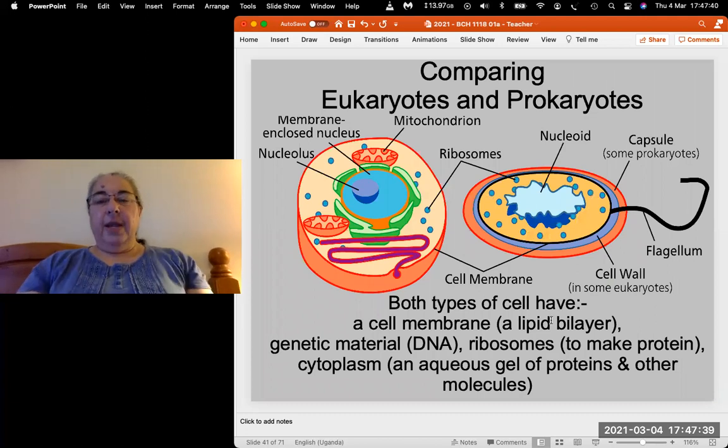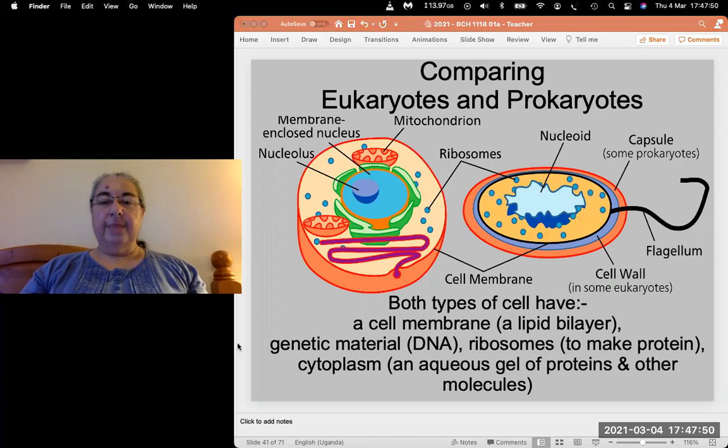Okay, so if we compare eukaryotes and prokaryotes, we can see that they do have quite a lot of similarities. They are both types of cell, so they do have some features in common. Both types of cell have a cell membrane, that's the outside of the cell here, surrounding the cytoplasm.